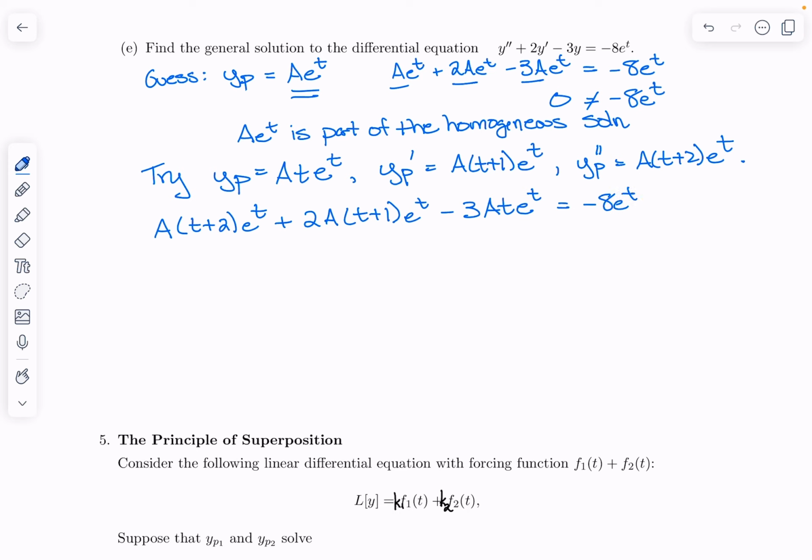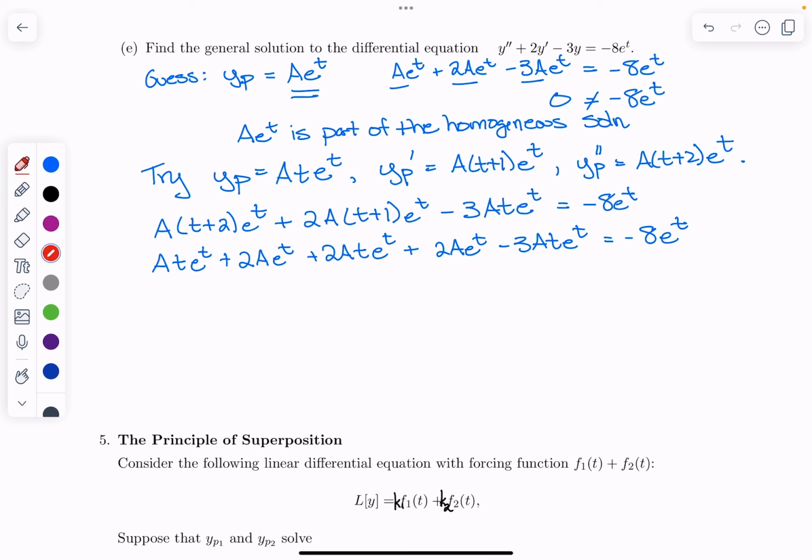So let's expand that out. That's going to be a t e to the t plus 2a e to the t plus 2at e to the t plus 2a e to the t minus 3at e to the t. Indeed, that's supposed to equal negative 8 e to the t.